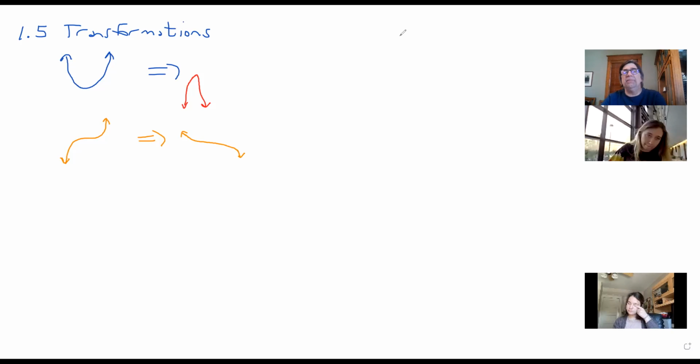So the three different types of transformations are shifts, and these could be vertical or horizontal. You can do flips, reflections over the x-axis or the y-axis.